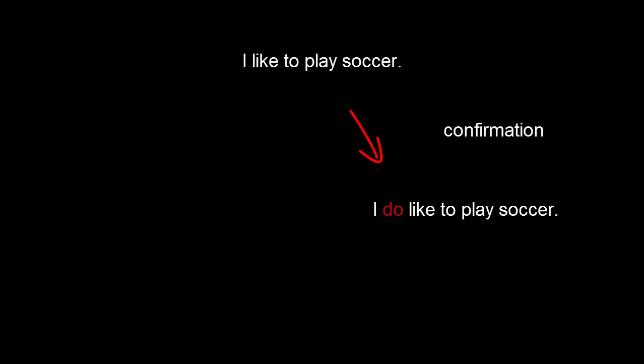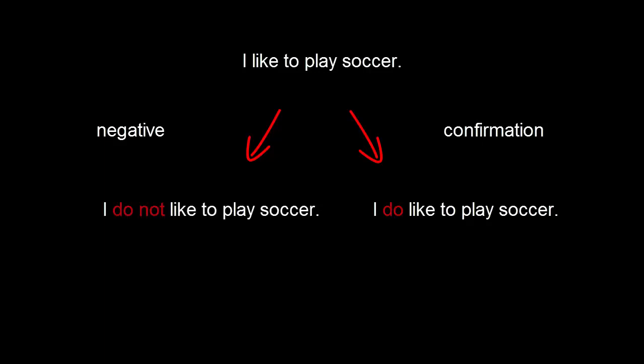On the contrary, if we need to talk about or to write down a negative form, we also use the auxiliary verb do, so we say, I do not like to play soccer. So we add the word not to the verb, I mean, after the verb.